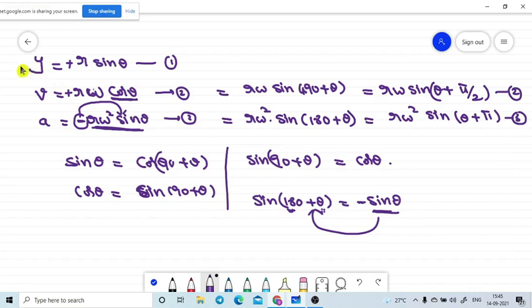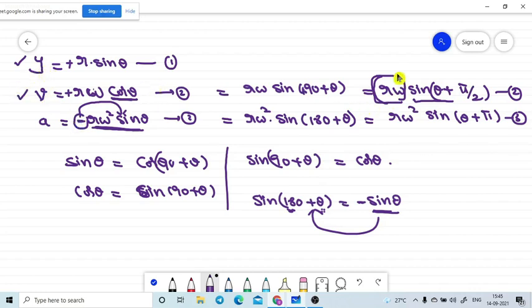Now I am comparing the displacement and velocity. The equations are telling sine theta only. Please forget these constants, no need to take care about them. Our goal is checking how much phase difference there is between the velocity and displacement.